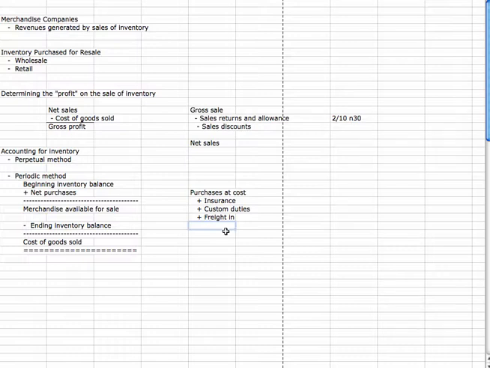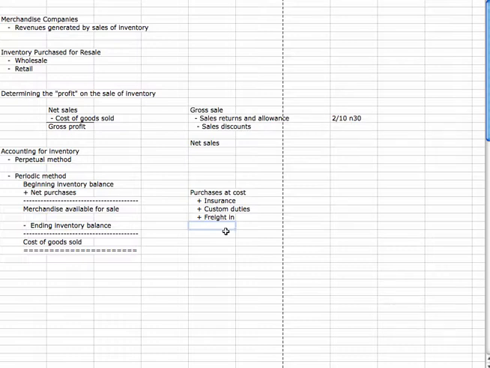If you've seen on eBay where it says no shipping costs, well, someone has to pay for the shipping costs. So if we pay for the shipping costs when it's coming from our vendor, then that shipping cost is part of the product. If we're paying for the shipping cost to our customer as part of the sale, the freight out, once again, the freight out is a selling cost. It's not an inventory cost.